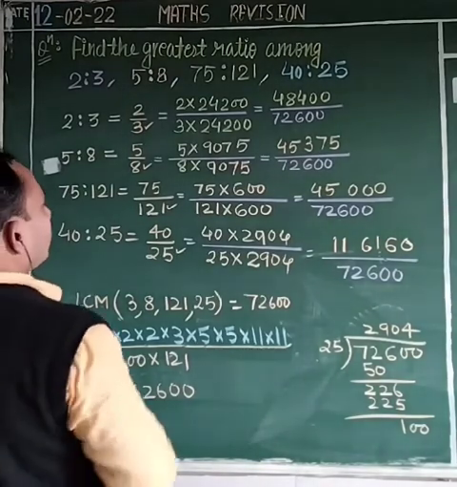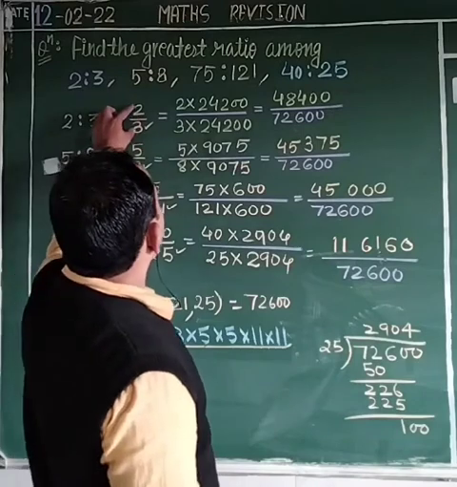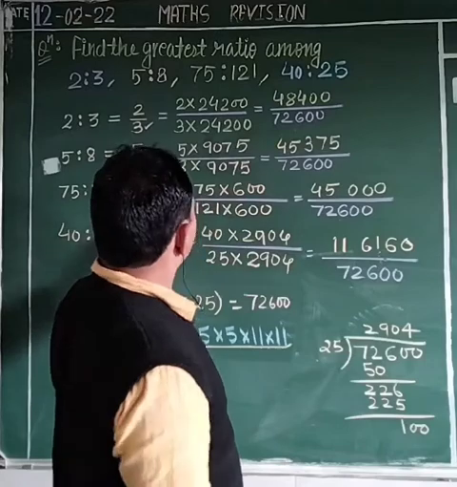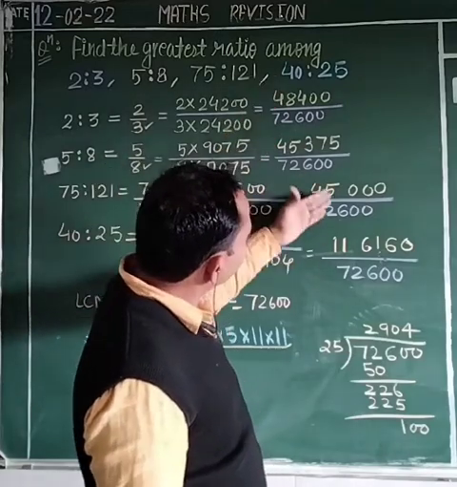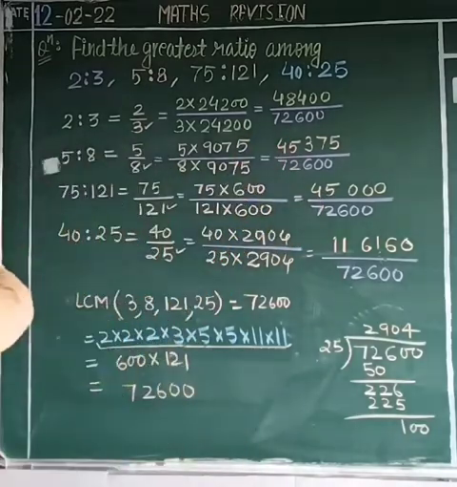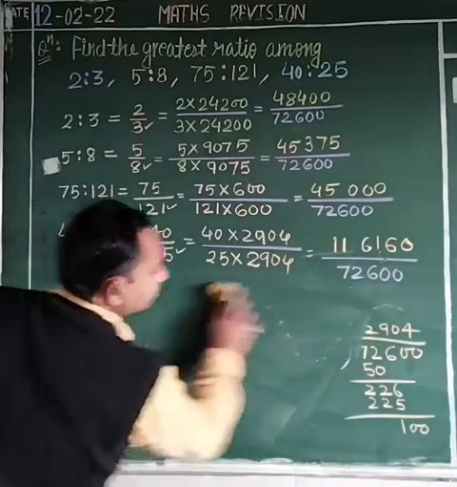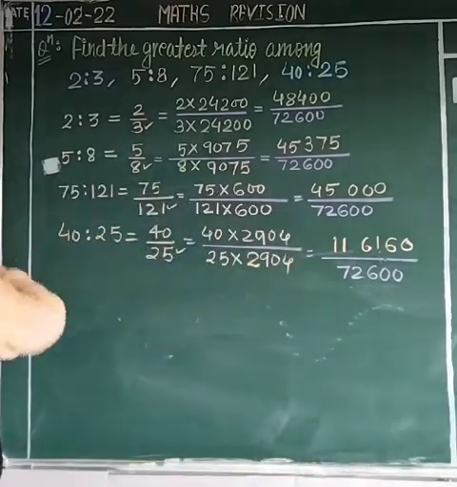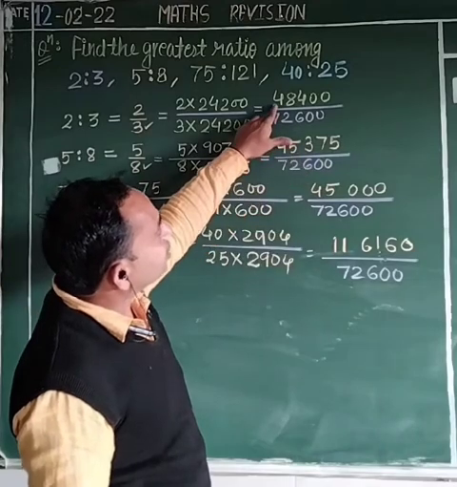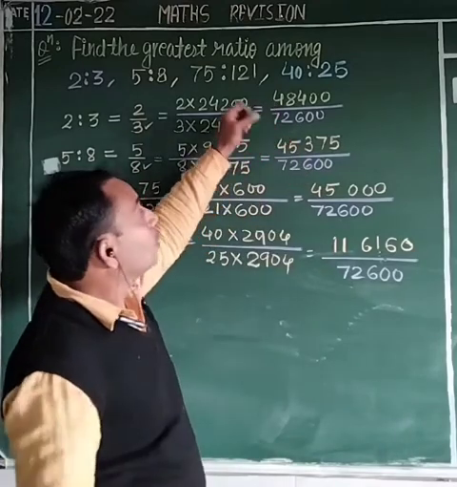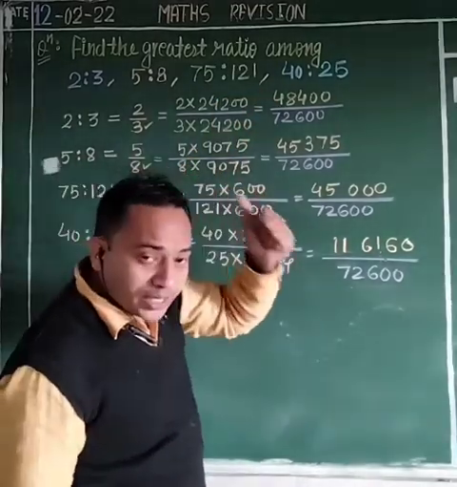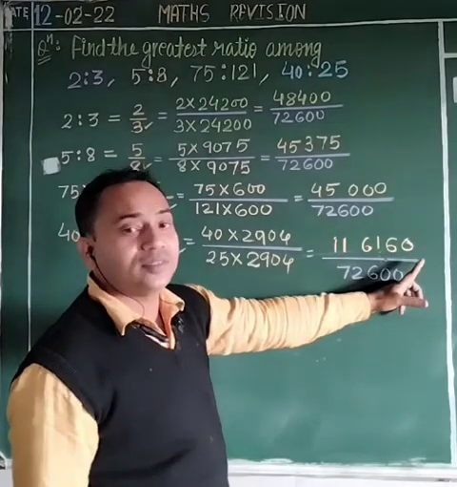Okay, so what we have done here class, first we converted all the fractions into equivalent fractions, and all these must be like fractions because all the denominators are equal. Now let me erase this part. You know one rule, if the fractions are like fractions, that fraction whose numerator is biggest is the biggest, and whose numerator is smallest is the smallest.